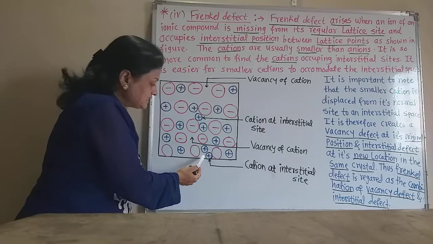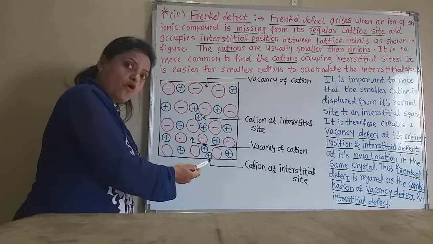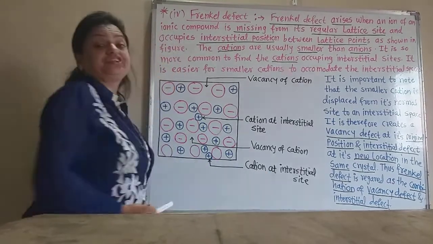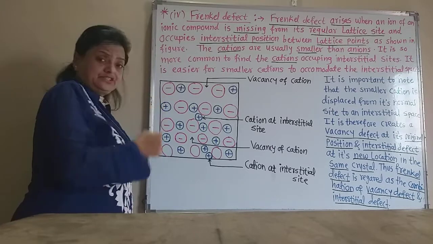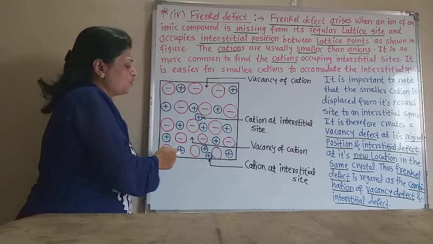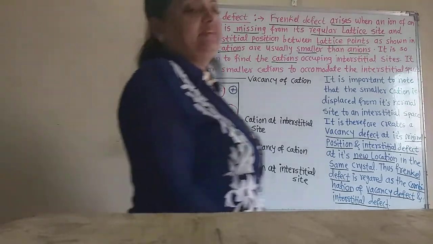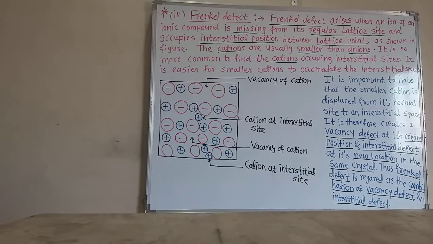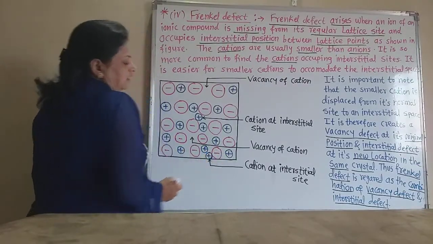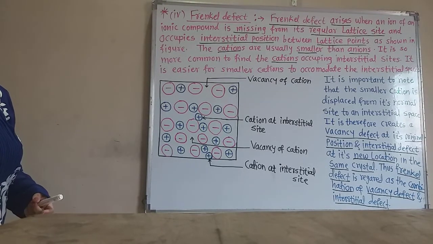Here also the cation is shifted into the hole, void or interstitial space, so there is a cation at the interstitial site. You can observe that these cations are smaller than the anions. The red colored anions, which are negatively charged, are somewhat bigger than the cations. This is about the Frenkel defect.